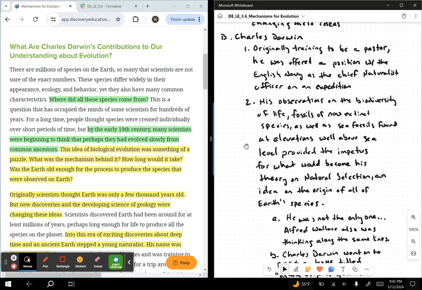And this actually created the impetus for what would become his theory on natural selection or evolution, and the idea on the origin of all species on Earth.